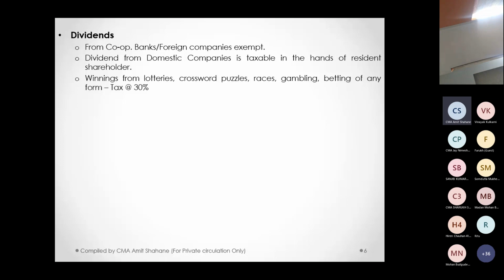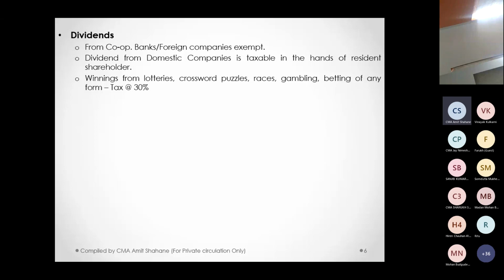It is not yet finalized, but assuming that the same budget will get finalized, from the year 23-24 the lottery income will be chargeable on income basis and not on winnings basis. I really don't find any logic in amending this section, because this is totally a casual income, or totally a kind of gambling income.